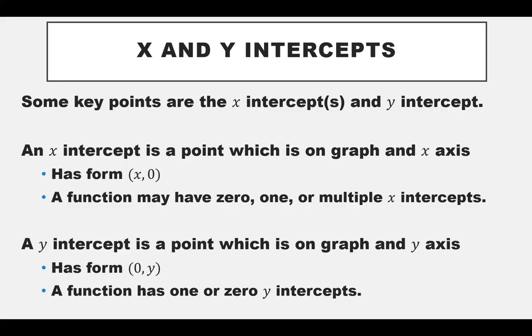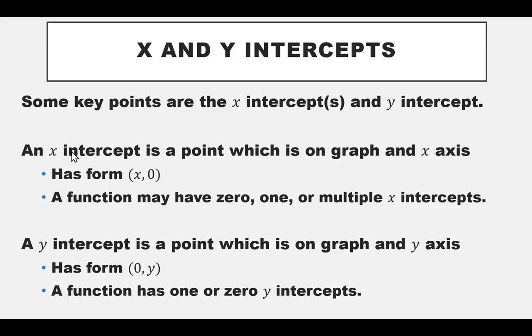So we've seen some absolute value functions and how they've been transformed or translated from our base absolute value function. We looked at that in a previous section. And now we want to look at some features of that absolute value function. A couple of the main features we look at are the x and y intercepts.